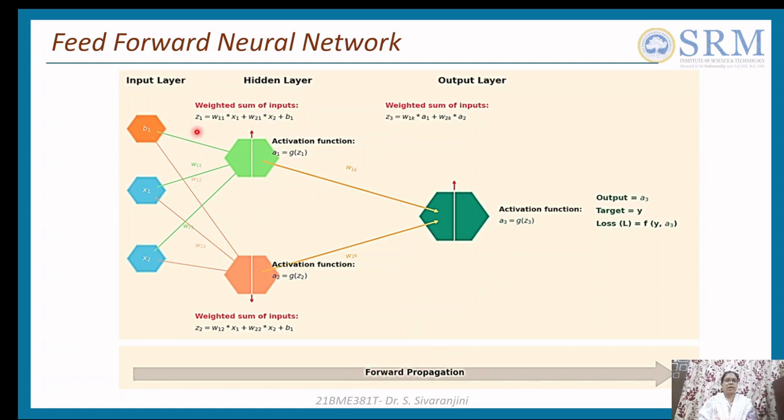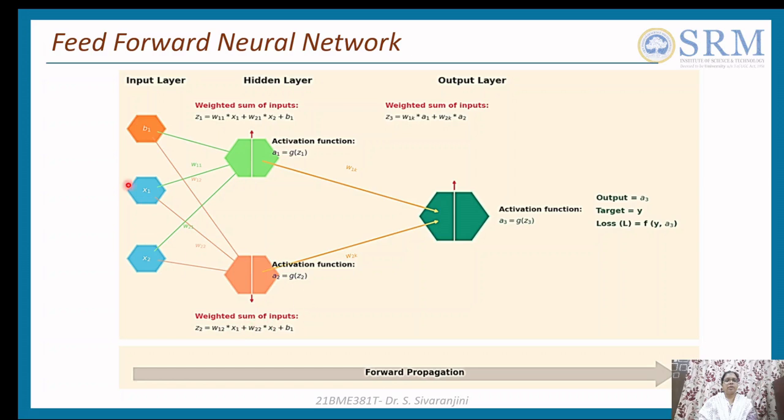So how is this weighted sum calculated? We take the weight of the input x1, w11, and the weight of the input x2, w21, and multiply each weight with its input and add it along with the bias term. Then we give it as the input to the activation function. So Z1 is passed into the activation function, which can be a linear or non-linear activation function.